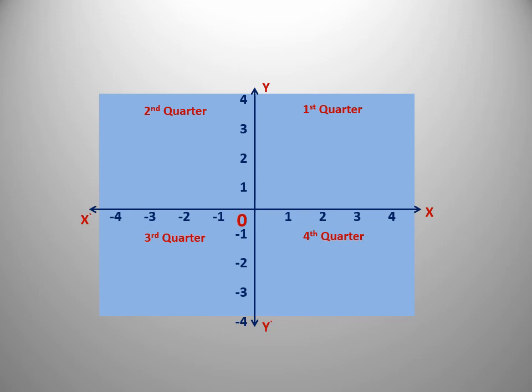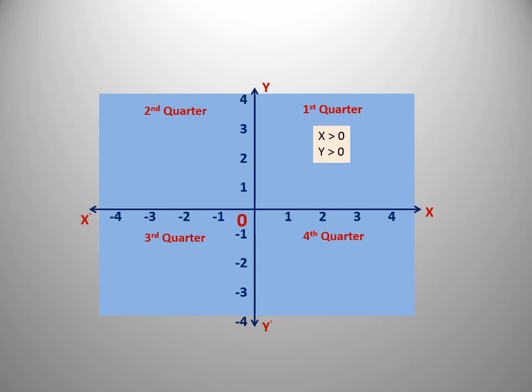I will begin with the first quarter and then make a circle anti-clockwise. So I will go in this direction. 1st, 2nd, 3rd, 4th. And it's so important to note that any point in the first quarter, its two coordinates, x and y in its ordered pair, are positive.